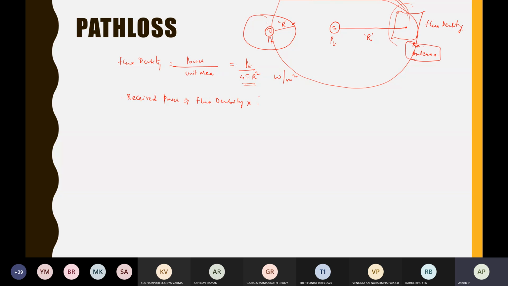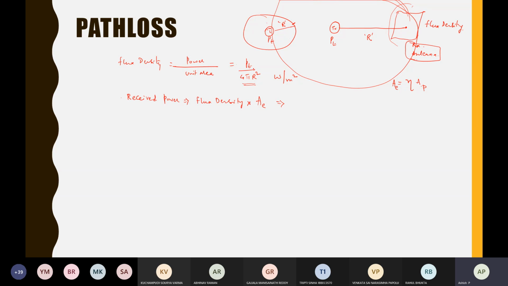The receiving antenna will have its own effective aperture. The other day we were discussing physical aperture, the opening for the antenna, but all that opening may not be useful. So we multiply with the aperture efficiency to get the effective aperture, which is the actual area where that antenna is lit up.